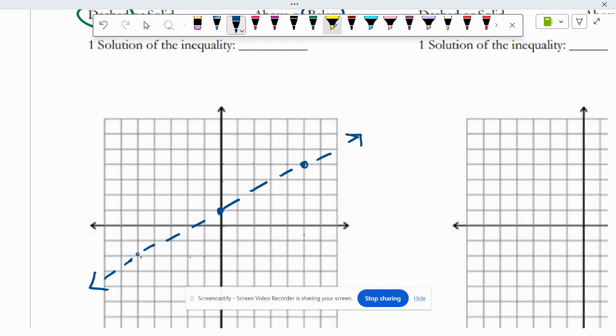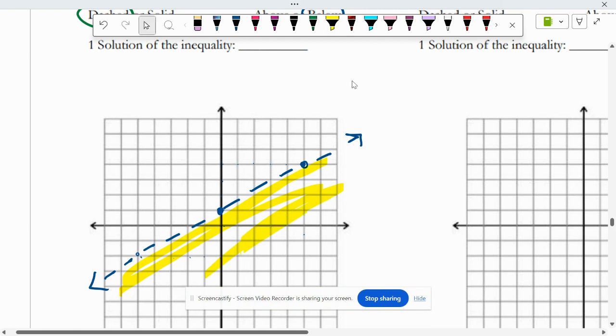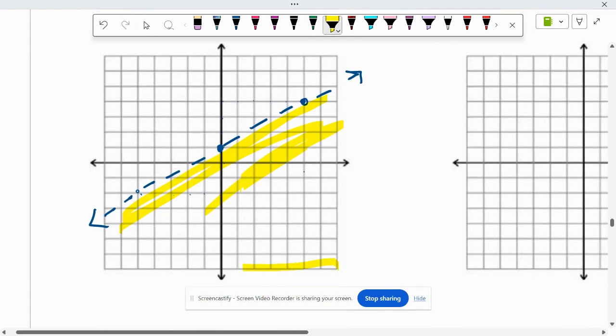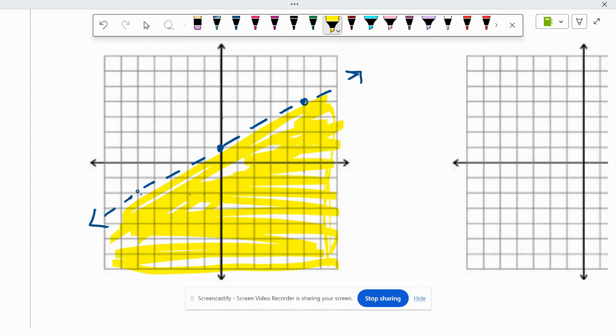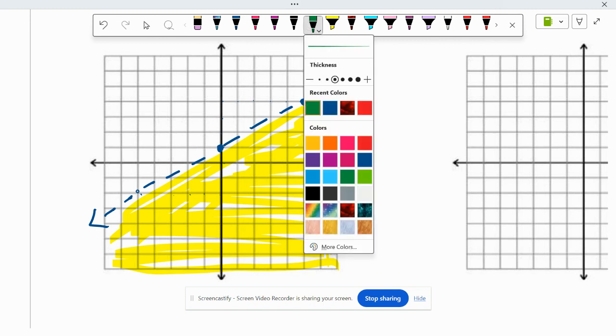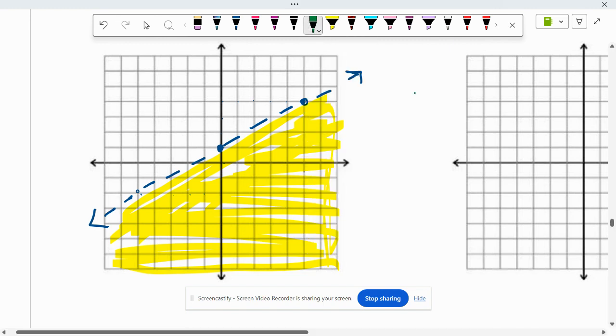Am I going to shade above or below on this one? Below. Shading below. Okay, inequality. Give me a solution to the inequality.